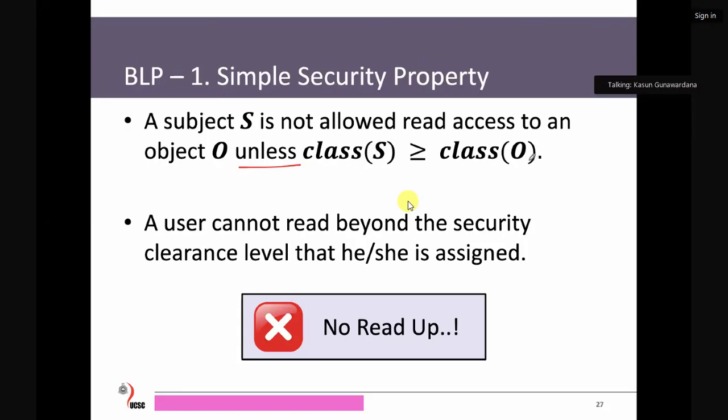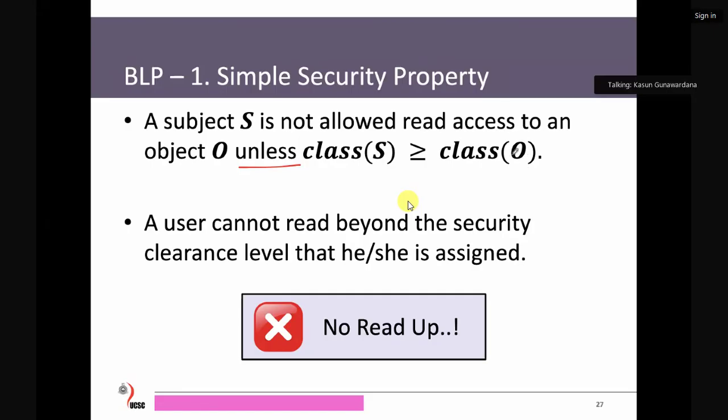I will repeat it. Any subject S is not allowed to read an object O unless the subject's classification level, that is what we refer to here as class S, is greater than or equivalent to the object's classification level.